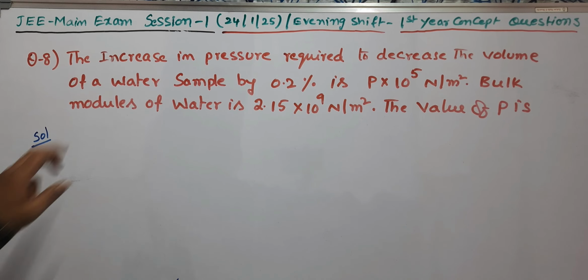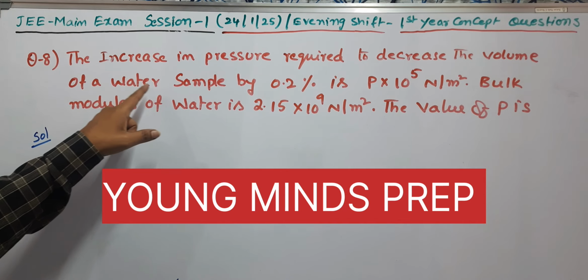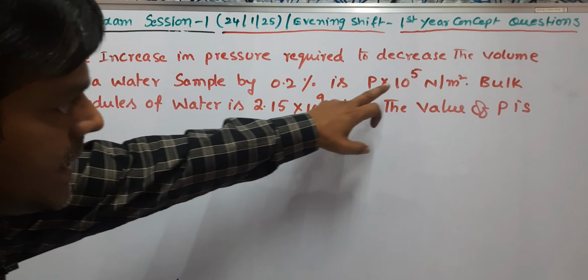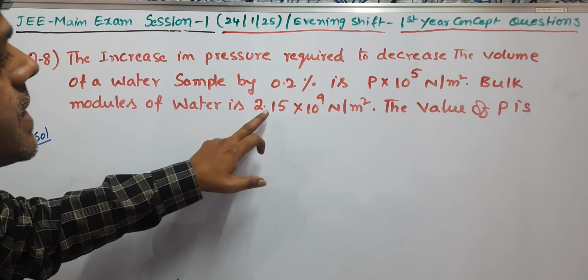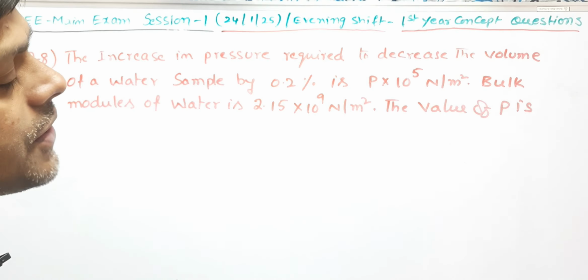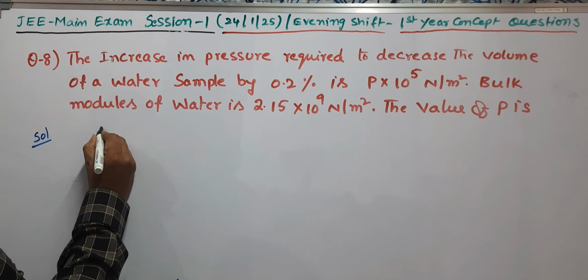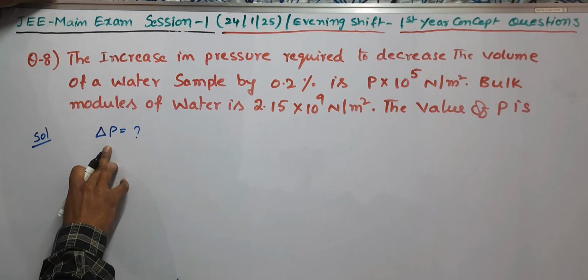Right, the 8th question: the increase in pressure required to decrease the volume of a water sample by 0.2% is P into 10 power 5 Newton per meter square. Bulk modulus of water is 2.15 into 10 power 9 Newton per meter square. The value of P is? To see what is asked, the increase in pressure required, that means delta P, is the change from the initial pressure.